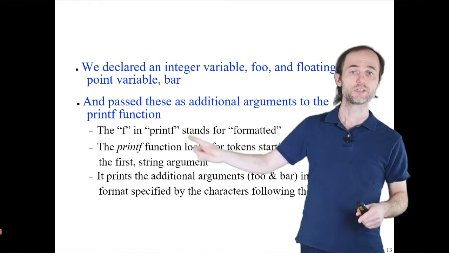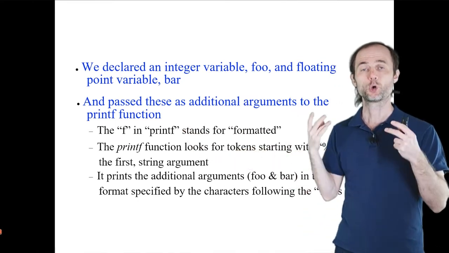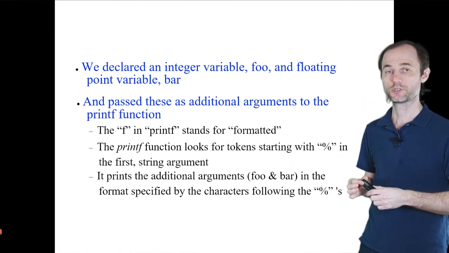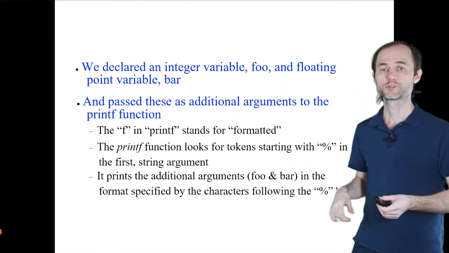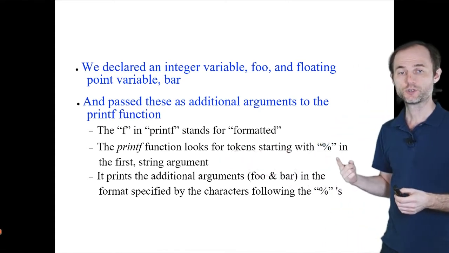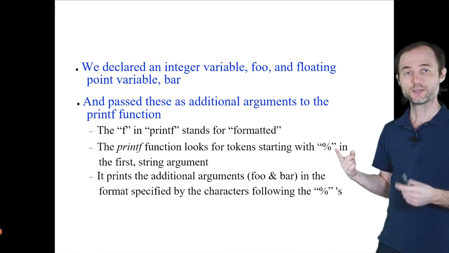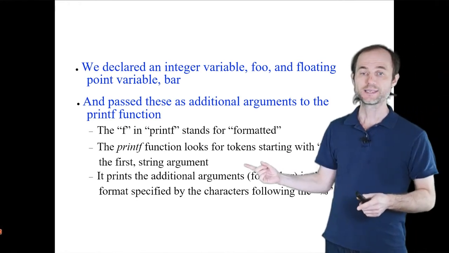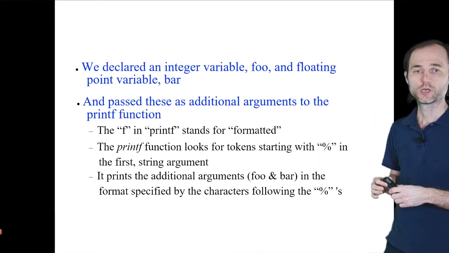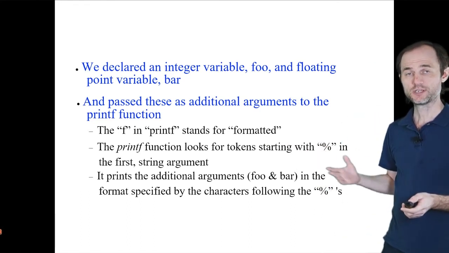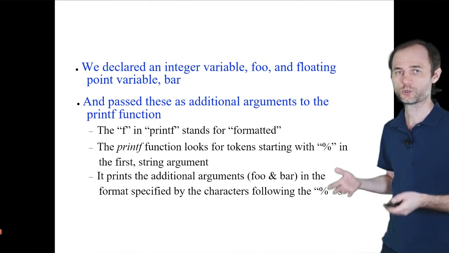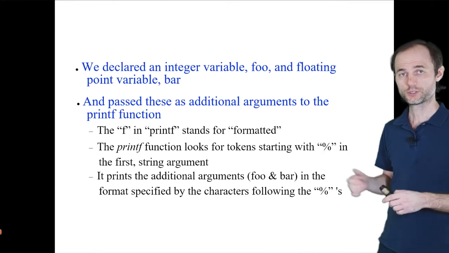The f in the printf means that it is a formatted print, and that's precisely why you have those format specifiers in order to print various types of variables. These format specifiers or tokens start with the % in the string argument: %d is an integer, %f is a float. So there is a special notation that tells printf what sort of format we want to use when printing.